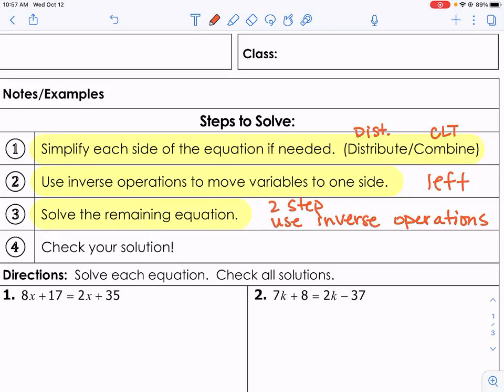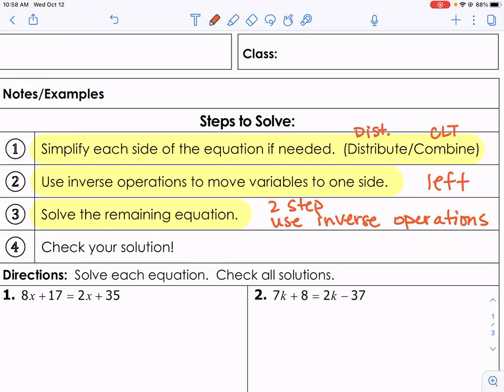We are still going to look for opportunities to distribute and or combine like terms. The only thing that's different today is if we have a variable on both the right and the left, we need to pick a side and put the variables just on one side.